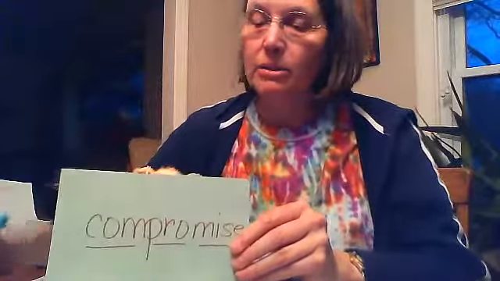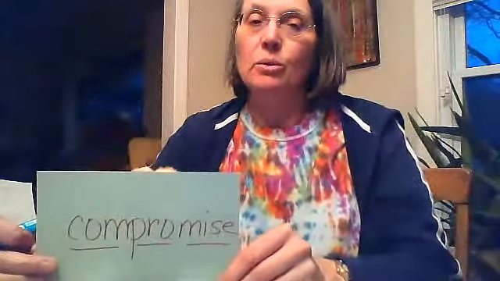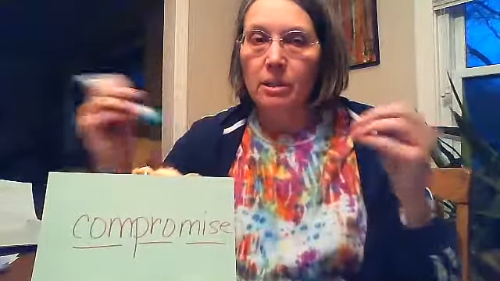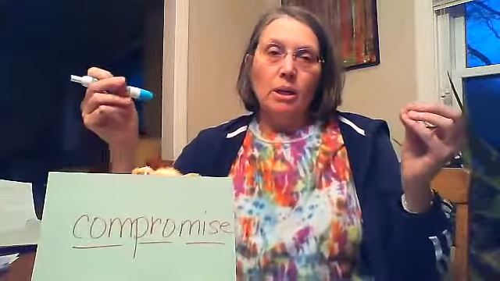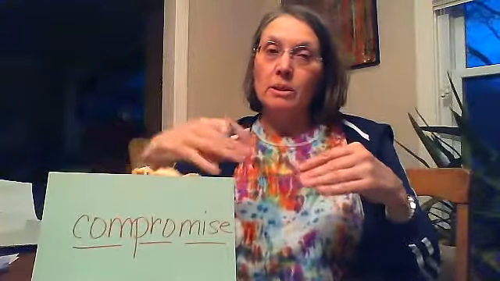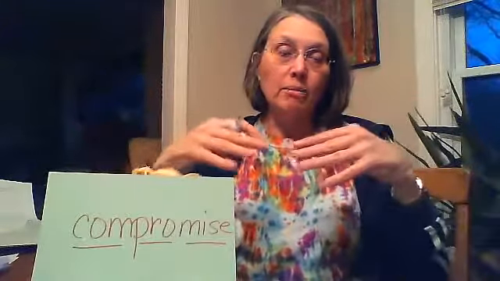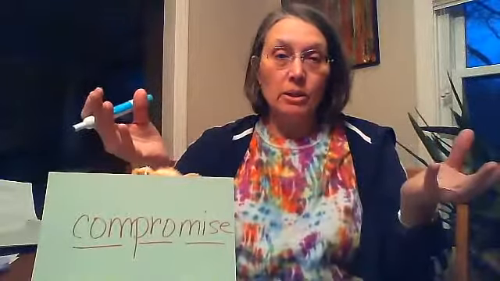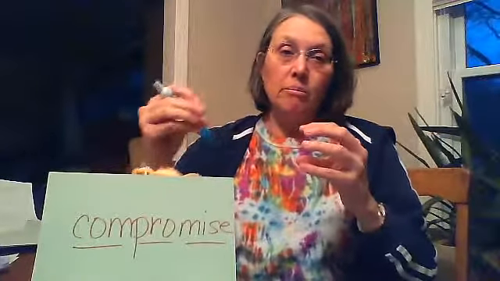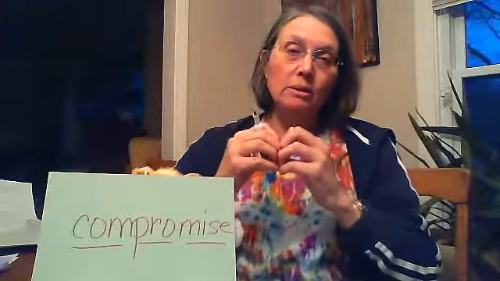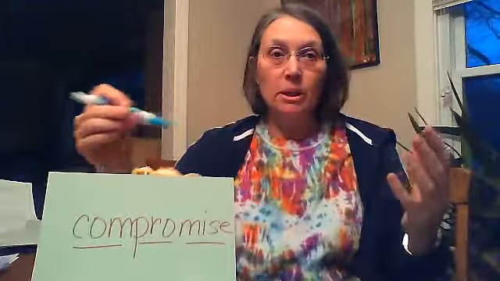The very last one, compromise. So if 2 people are disagreeing about something and they want to make a decision about it, sometimes they will meet halfway and figure out a solution by inching a little bit this way, inching a little bit this way for the other person, and come to an agreement or a compromise.